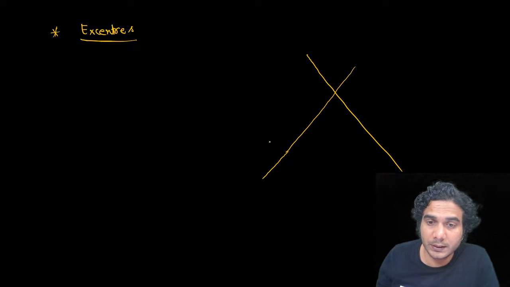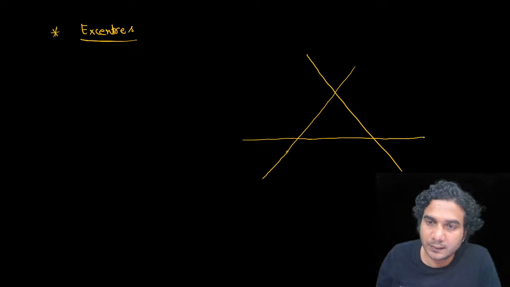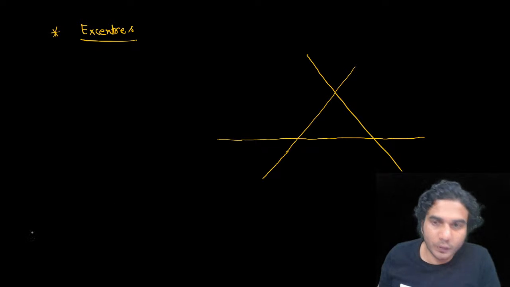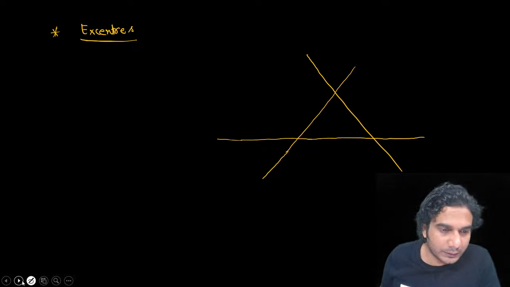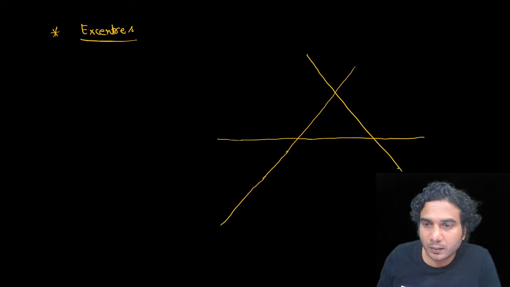If you draw 3 lines which are forming a triangle, how many circles can touch these 3 lines together? 4 circles. 1 is the incircle and 3 are excircles. So let me show you the excircles first of all.